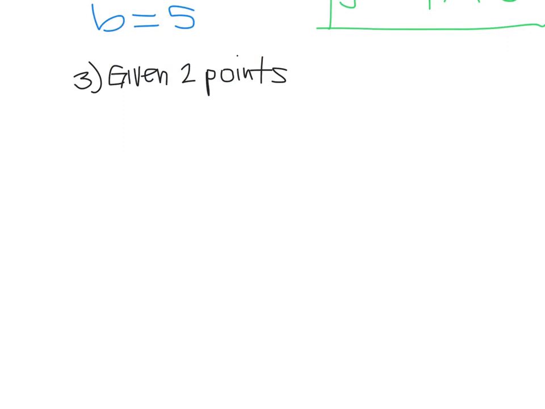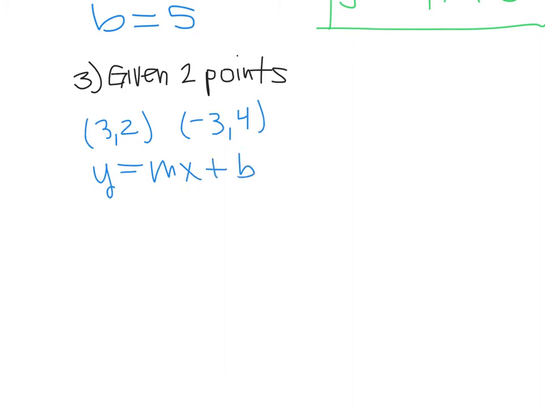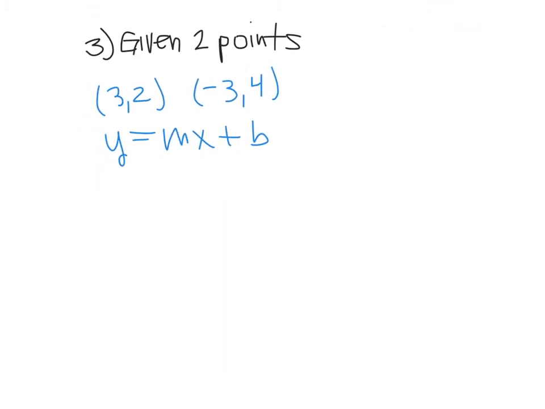Now let's look at finding the equation of a line when we're given 2 points. So for example, let's take the 2 points, (3, 2) and (-3, 4). And our goal is to get y equals mx plus b. So we don't have either of these things. Let's start with finding the slope.